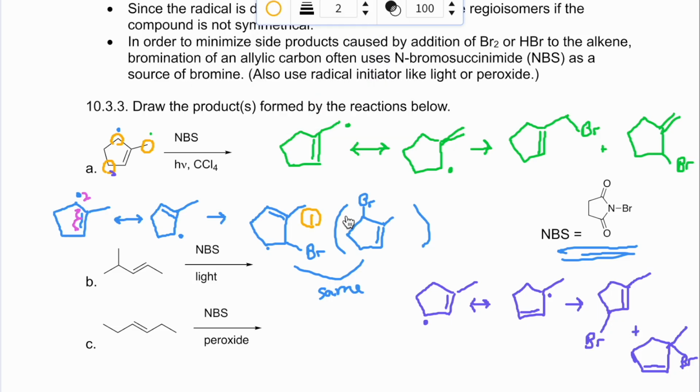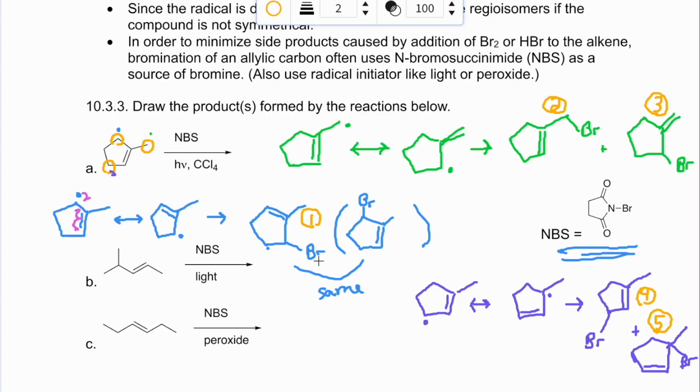So this reaction might not be the best choice because we have so many different products that can be formed. We have 1 blue product, 2 green products, and 2 of the purple products. So 5 different allylic brominations that can take place with this particular compound here.